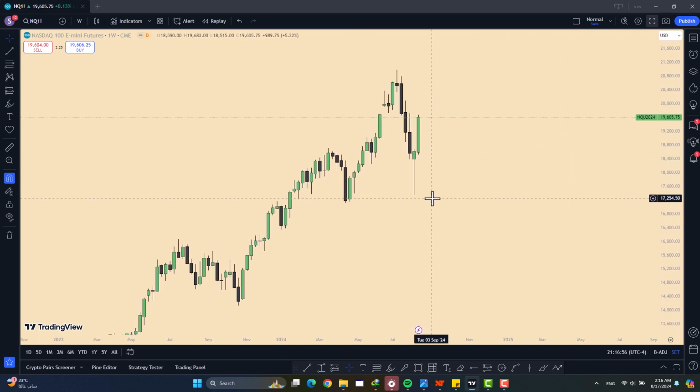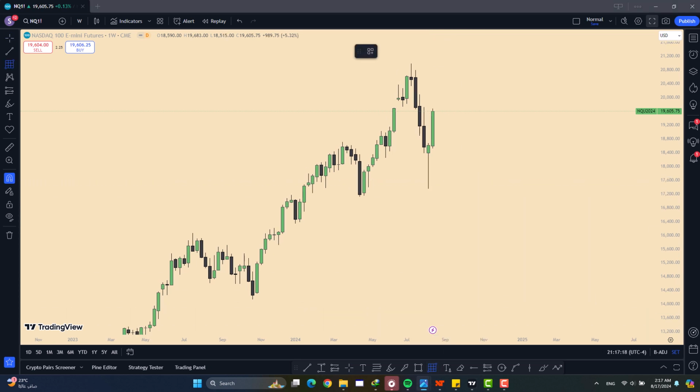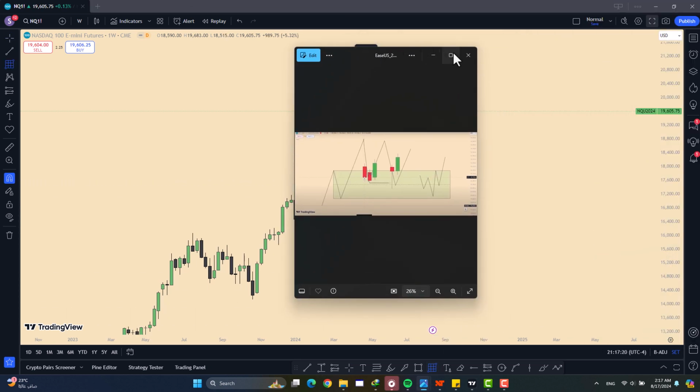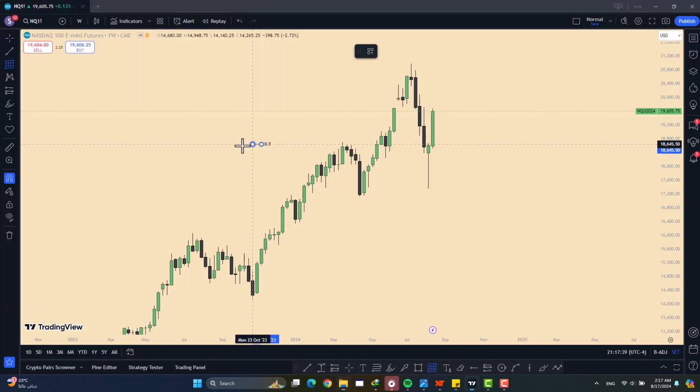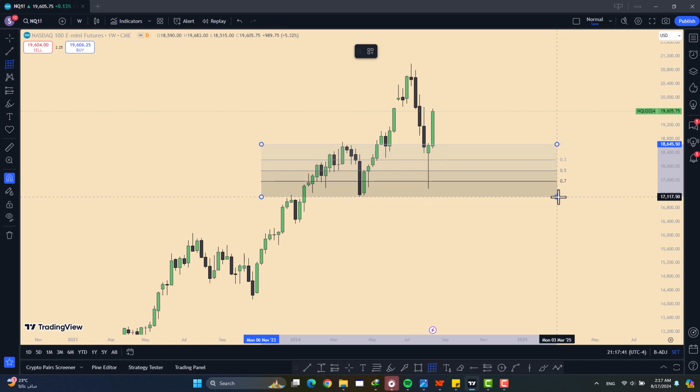So what do we have on the weekly chart? If we refer back to the model that I always share with you, the one I use on the higher time frame and the lower time frame to execute my trades, as you can see, we have a zone, we have this low, sweeping this low, failing to close below it, and then the CSS happened. If we now go to here, we can see that we have this zone right here.